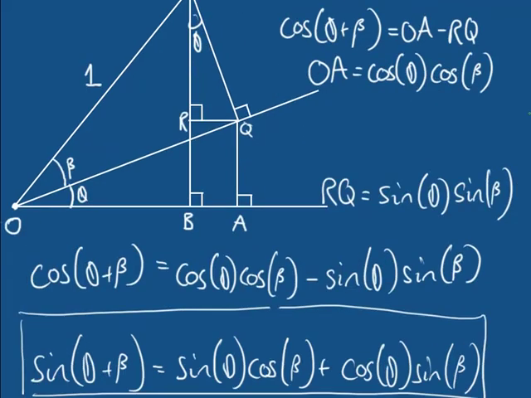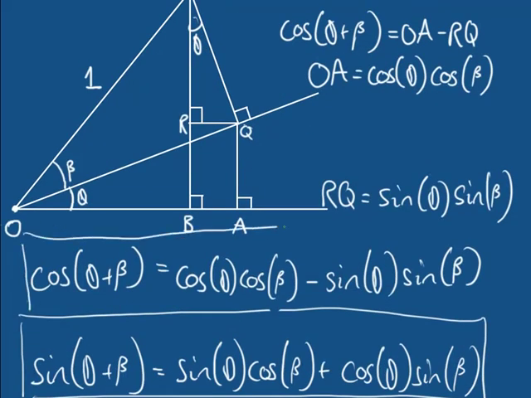So this is our third compound angle identity. The cosine of theta plus beta is equal to the cosine of theta times the cosine of beta minus the sine of theta times the sine of beta.